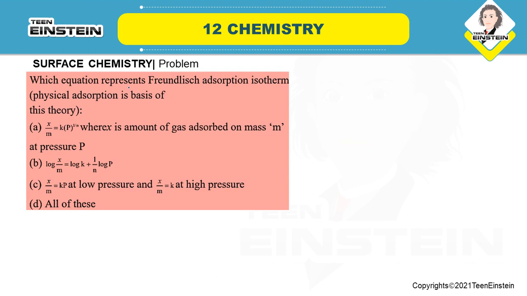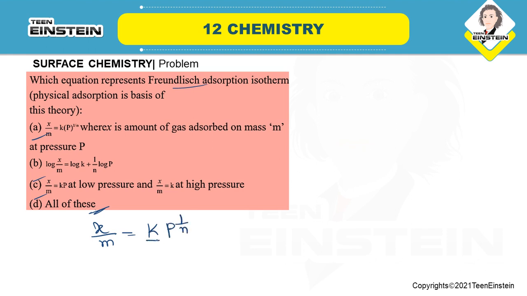Which equation represents Freundlich's adsorption isotherm, which is a kind of physical adsorption? Okay, so here we have 3 different terms, and we have to see which equation will be correct. And there is also the option all of these, so all of them may also be correct. The first equation is the original form of Freundlich's adsorption isotherm.